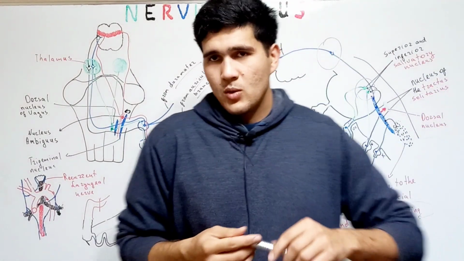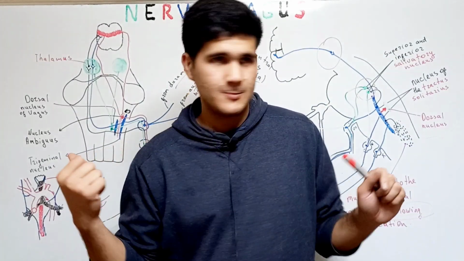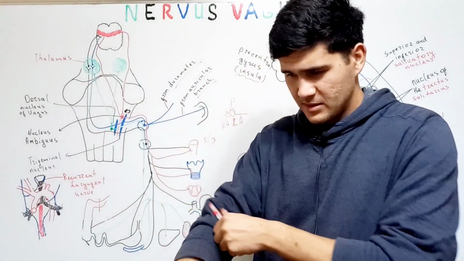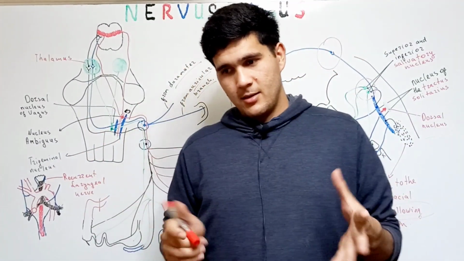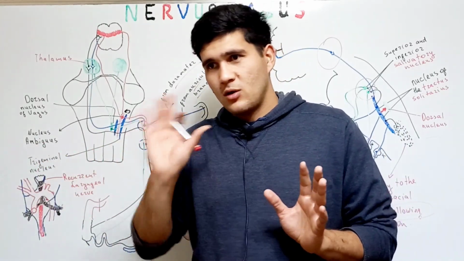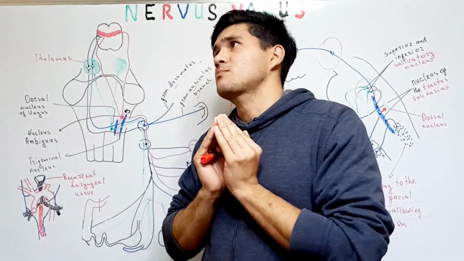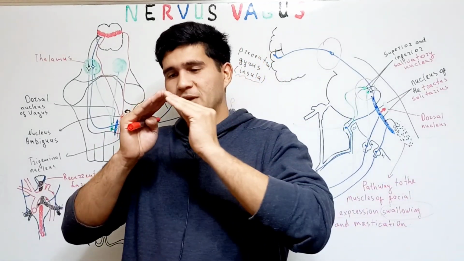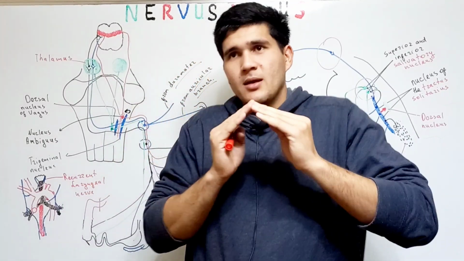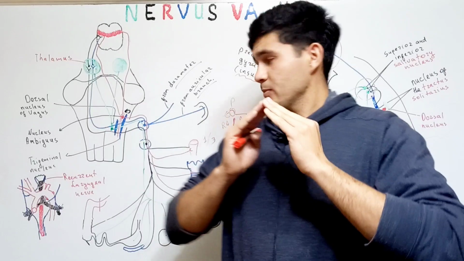And we should connect the pathology of the nervus vagus with some clinical examination. By examining the patient, you should ask them to open their mouth, and you should observe the soft palate and the tensor veli palatini.